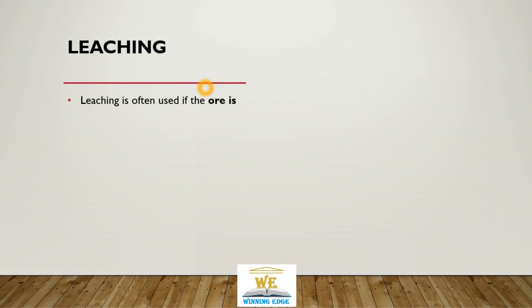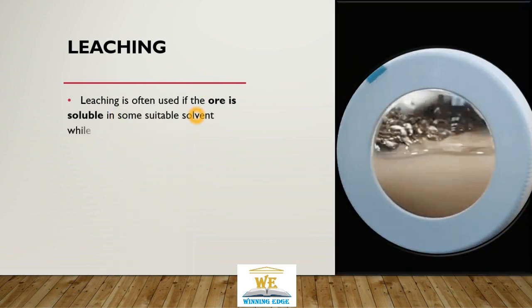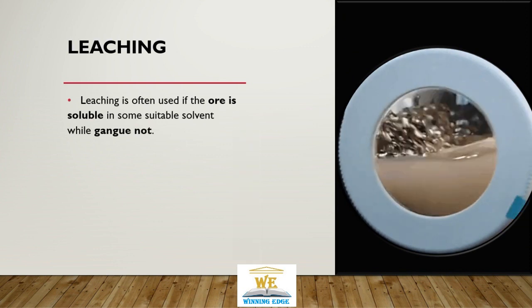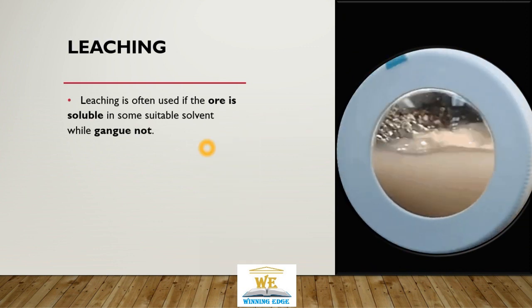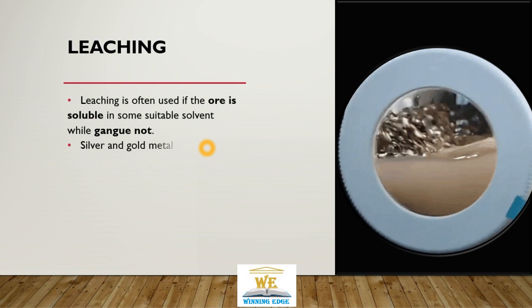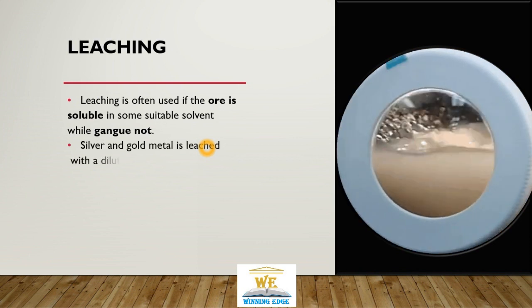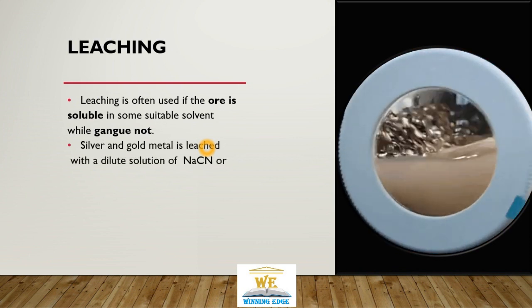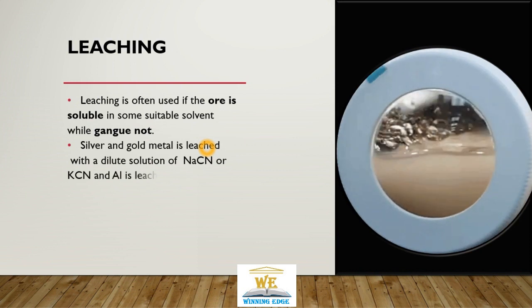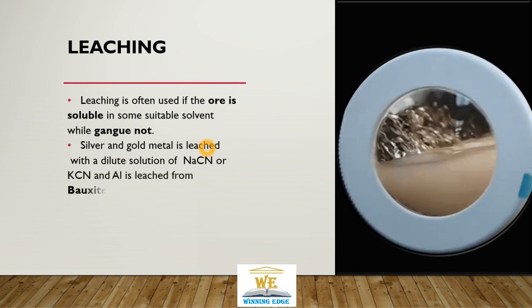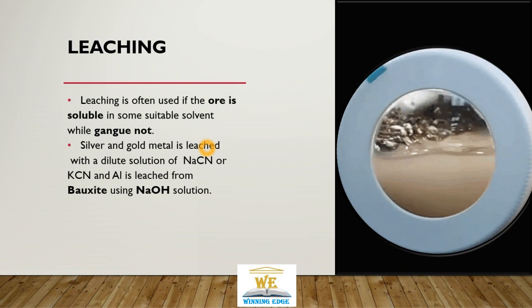Leaching is used if the ore is soluble in some particular suitable solvent, while gangues are not. Silver and gold are leached with dilute sodium and potassium cyanides, and aluminium is leached from bauxite using sodium hydroxide.